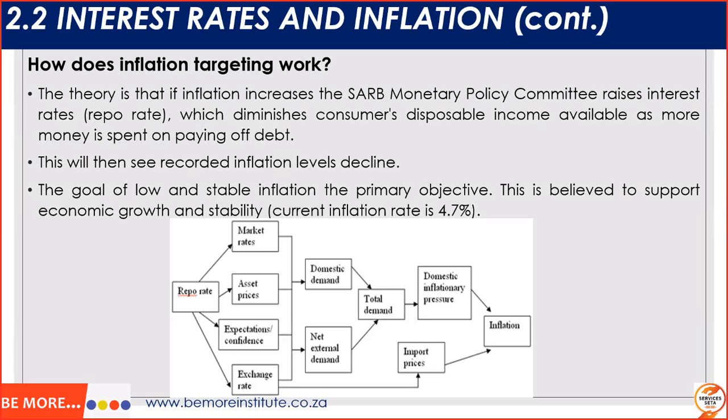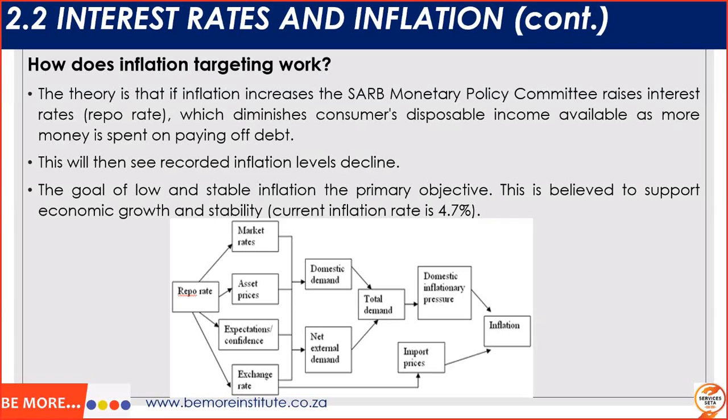When the repo rate is increased, the exchange rate will also deteriorate, probably moving to about 15 rand, and that way you can't buy the quantities that you could. So the demand decreases. As you can see, the total demand will be influenced, and eventually, because there is not that much demand and spending in the economy, inflation deflates because of that particular repo rate increase.